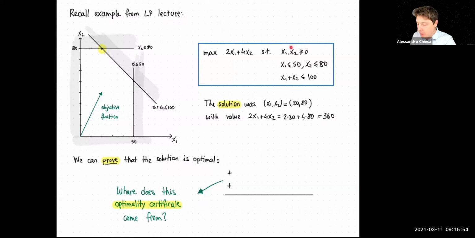These constraints imply that any feasible solution must have value at most 360. And because we did find a solution that has value 360, we know it must be the maximum. Okay, so let's do that.